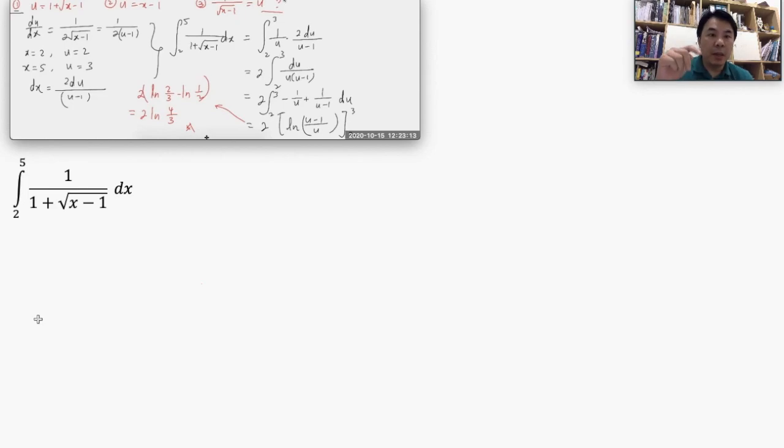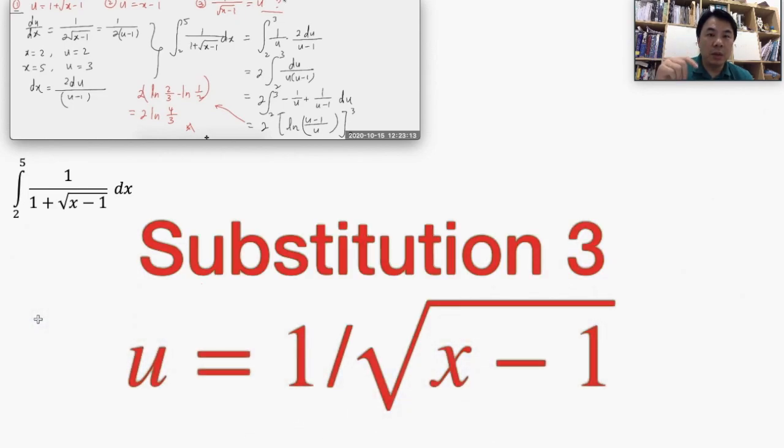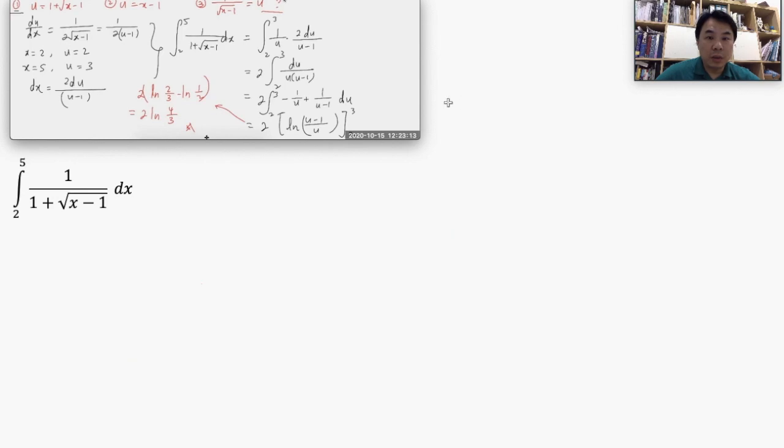Now the third method of substitution is below. You can check out the title. We will let u equal 1 over the square root of x minus 1. Okay. Now let's get going. So we're using substitution number 3.